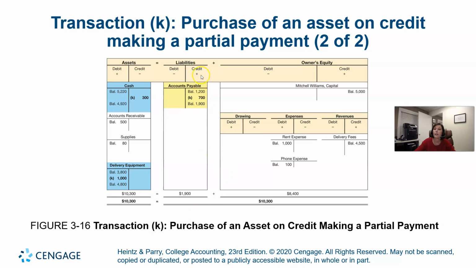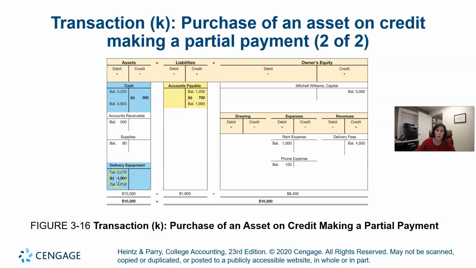And so let's see how this looks. Now, for the first time in a while, we see some movement on the liability side, and our liabilities have gone up because we have a new $700 debt, bringing our total liabilities to $1,900. Now over here on the left side of the equal sign, on the asset side, we see a credit to cash for the down payment, which reduces our cash balance.